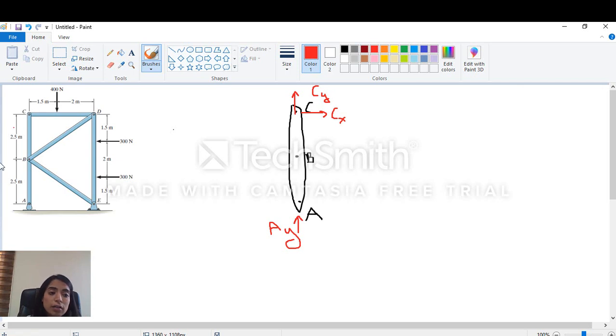So like what here, guys? Like the member BD. If you take a look at the member BD, you can see that there is no external force on this member, which means that this is a two-force member.